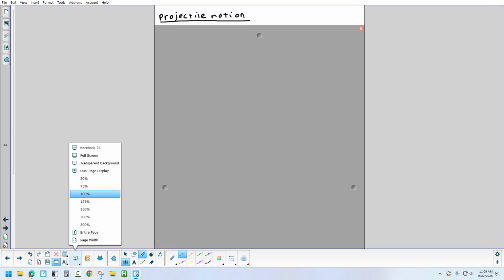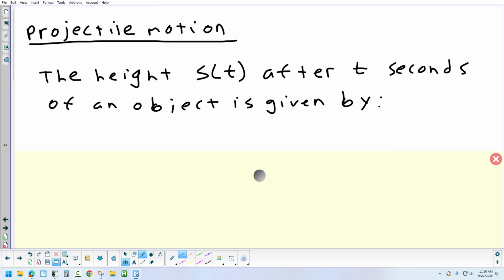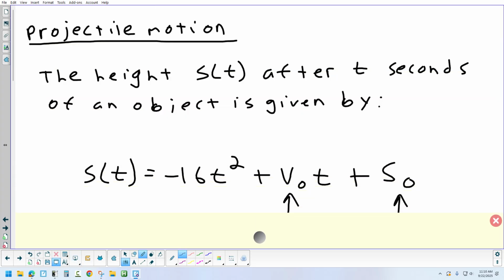Okay, so second to last thing in this section is projectile motion. Projectile motion might be something you study if you take physics. We're not really going to get into what it is and all the physics behind it. We have a formula that allows us to represent projectile motion.